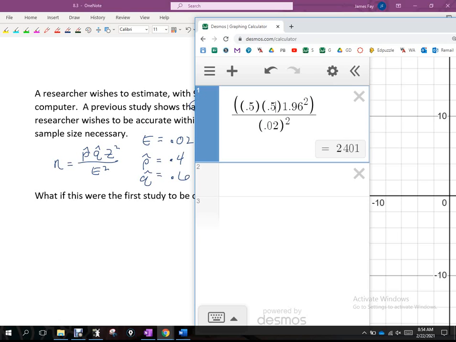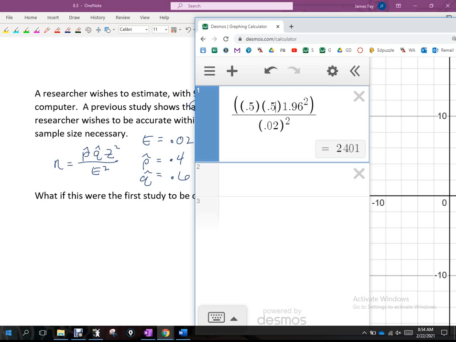Okay, you see now, what was it, 2,305 before? So now we've got quite a few more that need to be incorporated into that sample simply because I have no preconceived ideas. So that would be the largest the sample needs to be. Does that make sense?